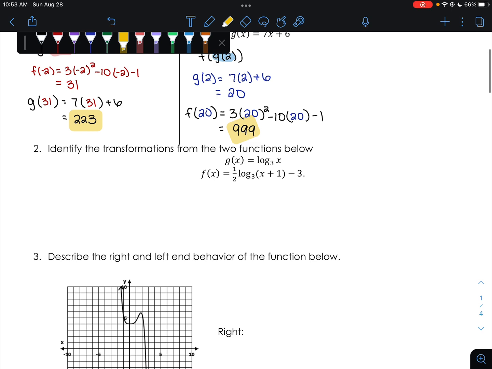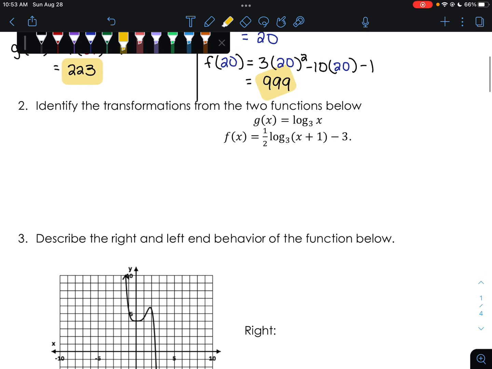Okay, number 2, identify the transformations from the two functions below. Well, first off, we have g of x equals log base 3 of x, and f of x equals 1/2 log base 3 of x plus 1 minus 3. So this right here is the parent function. That is the original function before any transformations.